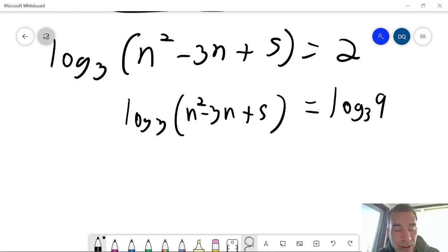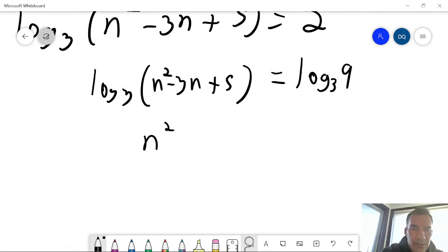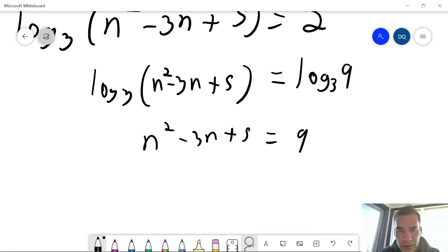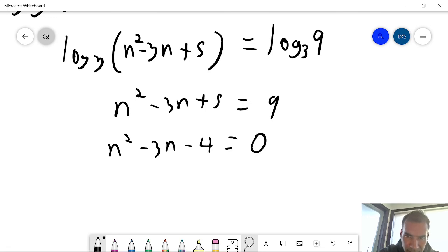So the base 3 log of n squared minus 3n plus 5 is equal to the base 3 log of 9. Therefore, n squared minus 3n plus 5 is equal to 9. Or I could rearrange that, n squared minus 3n, and then if I was to subtract 9 from both sides, that would give me a minus 4. That's equal to 0.